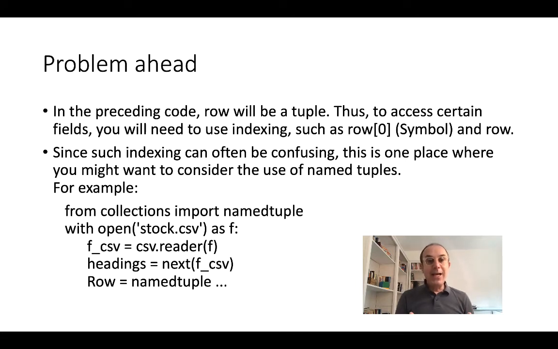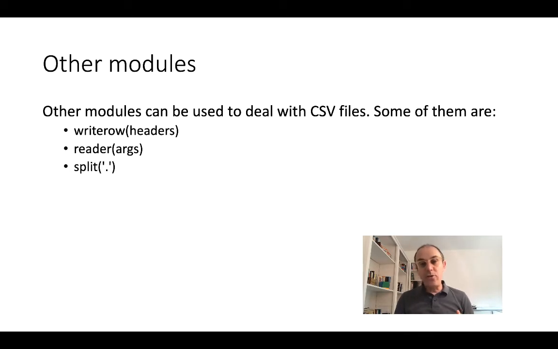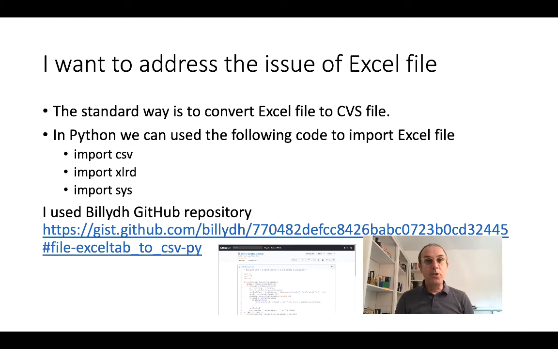So the idea here is that you're going to use the CSV reader and the headings, and now the row, and you're going to use a namedtuple in order to address those issues. Other issues, such as writerow, reader, and split, are also common problems that we are facing. I hope you will not face them, but if you do, look for those contexts with regard to problems in reading.